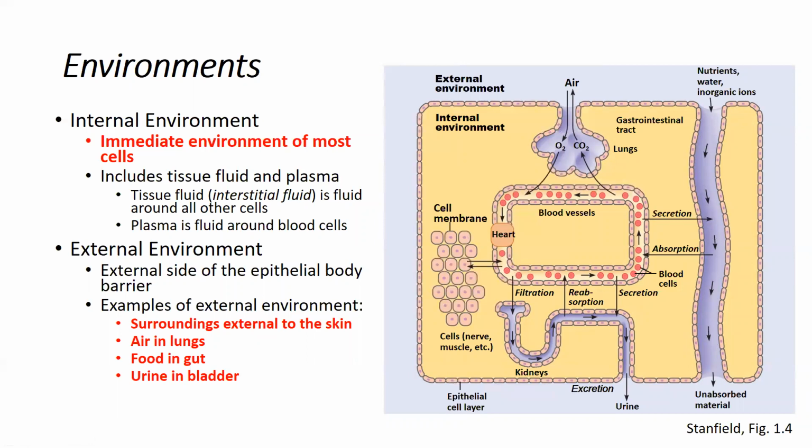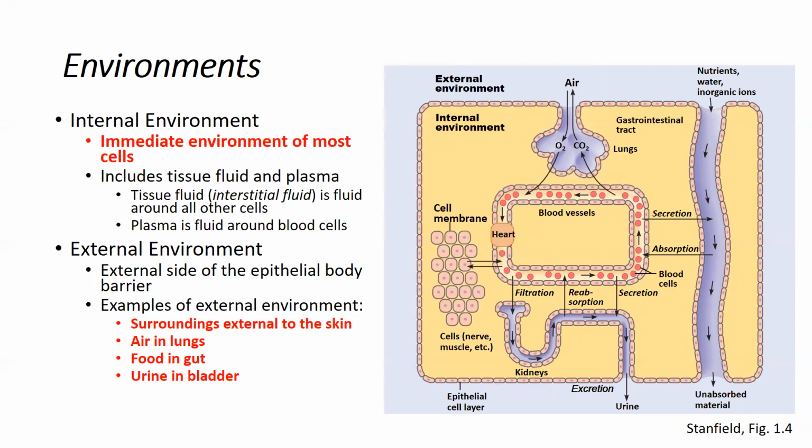Very important to understand that although your lungs are inside your body, the air within your lungs is still exposed to your external environment. Right? The food in your GI tract is still a part of your external environment. And then the urine in your bladder is also still exposed to your external environment.